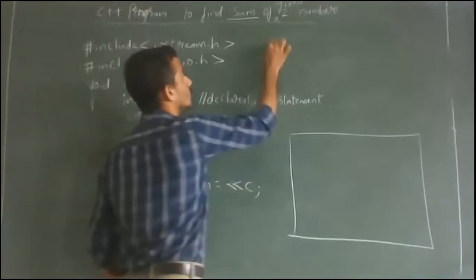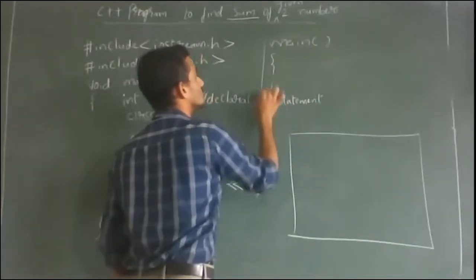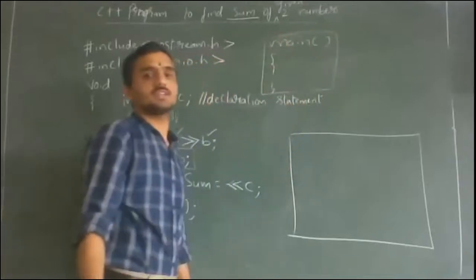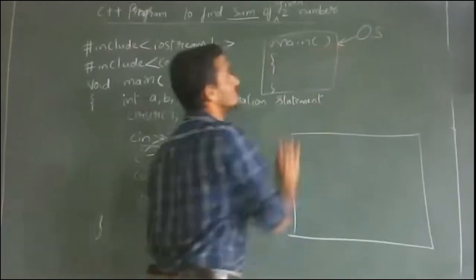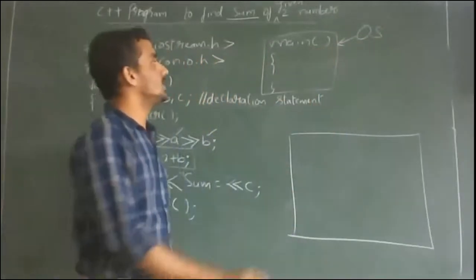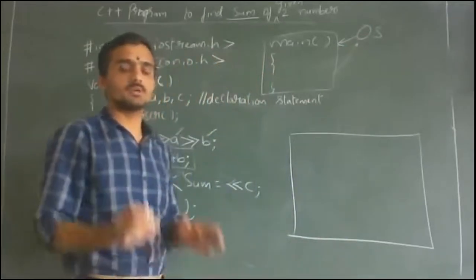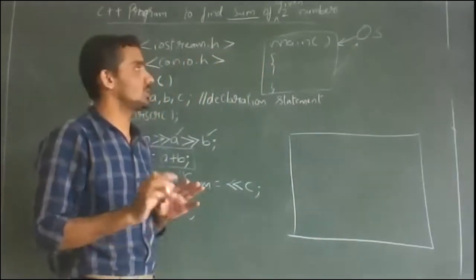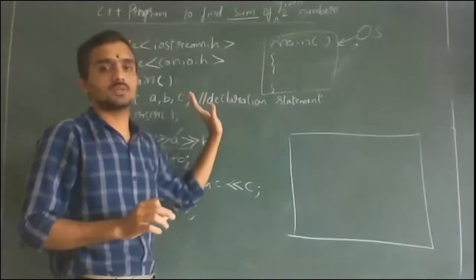Even if I write only main function with opening brace and closing brace, for this also program control is compulsory. That means operating system will give the program control to this function. Okay. Then again program control will return back to the operating system. Program control is there for every operation. Not only for control statements, even for a small program also, program control concept is there.